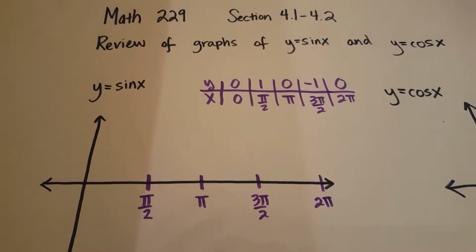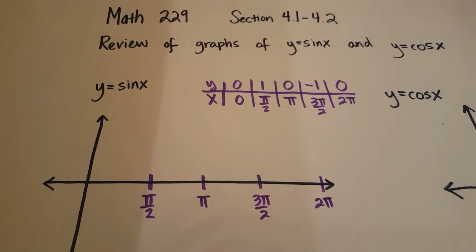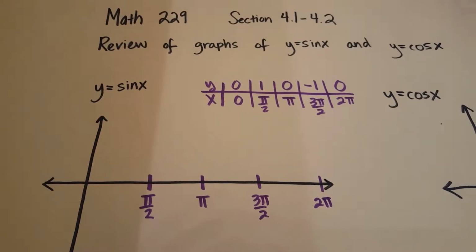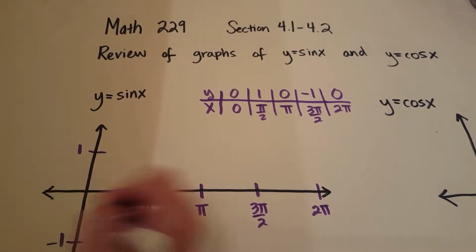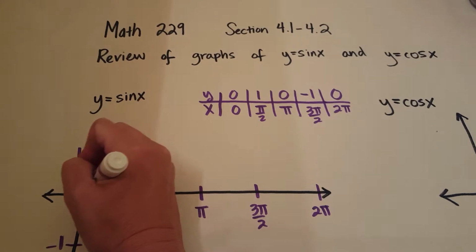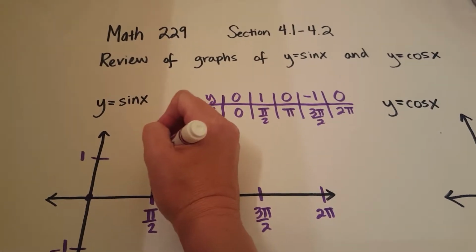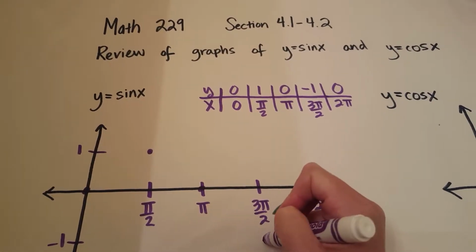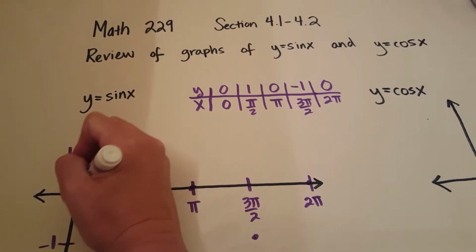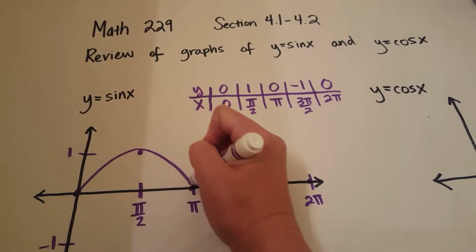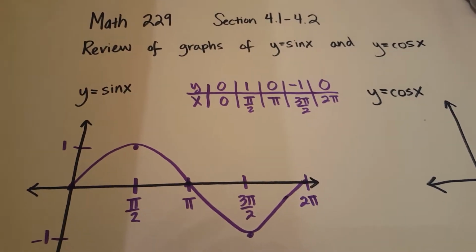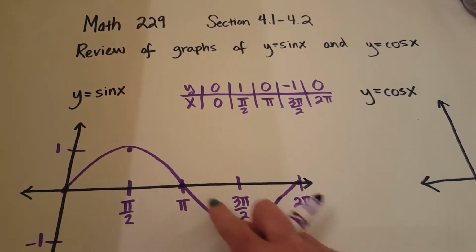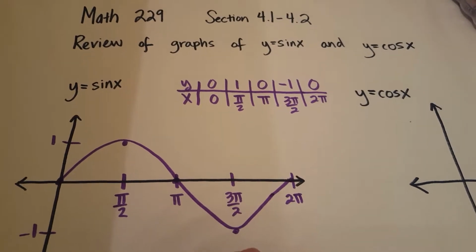Now I have a height or range of values of -1 to 1. So I'll come over here, mark 1, mark -1, and then plot my 5 points. Connecting the dots. There we go. That is my sine graph. It got a little pointy in here. It should be a little bit more rounded, but hopefully you get the gist of it.